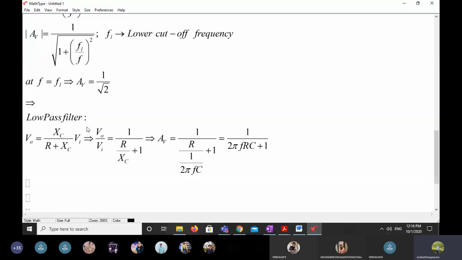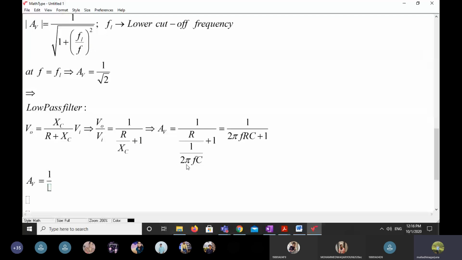Simply you can write like this. Finally, AV you can write 1 by j f divided by FH plus 1. Again this j is there, j is the imaginary part.